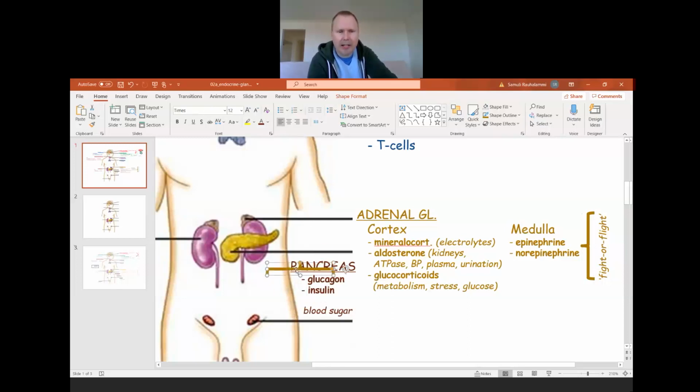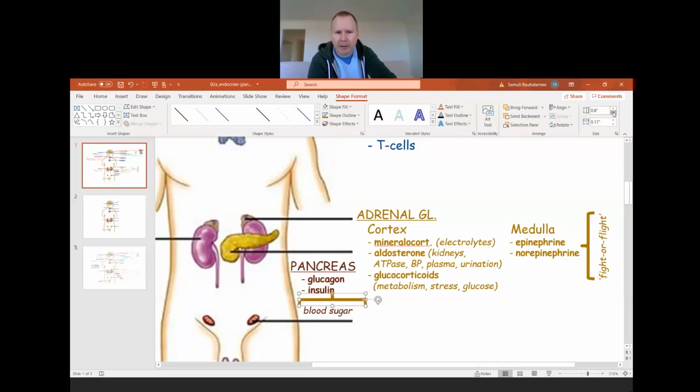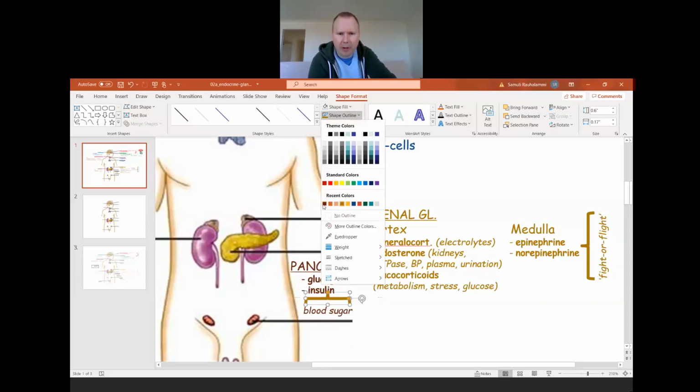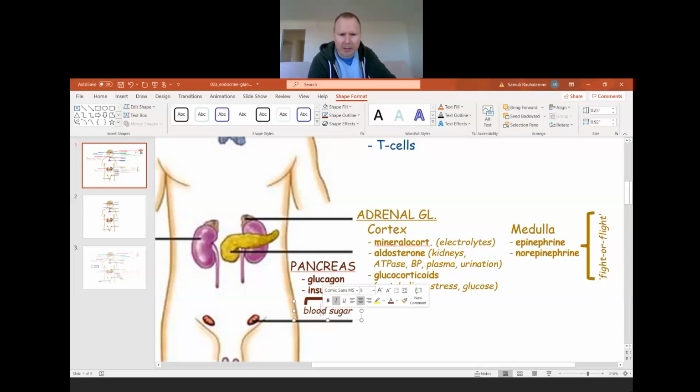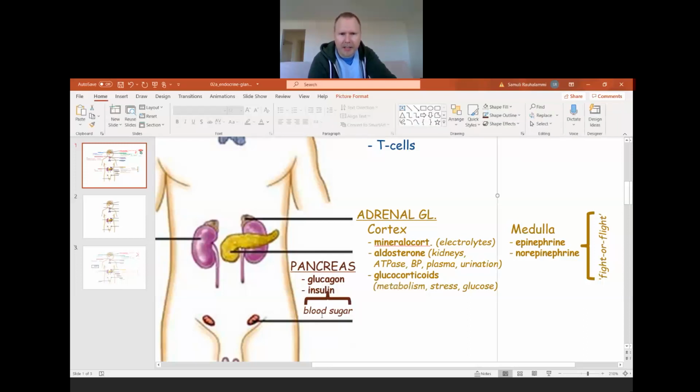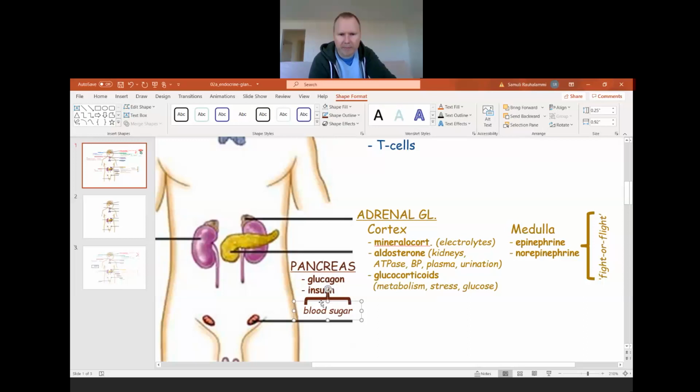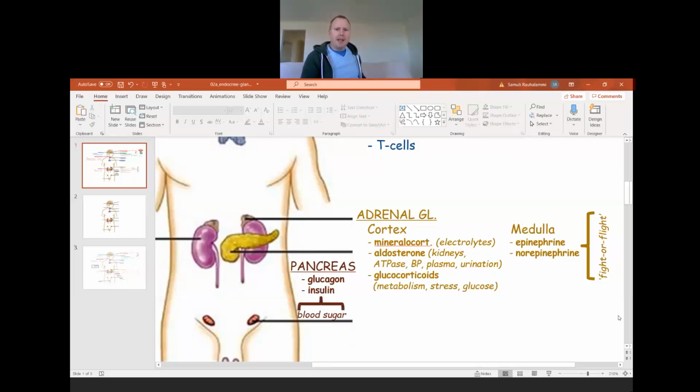So that's the endocrine function of the pancreas. So the hormonal function that we're going to be interested in: maintaining the right amount of the blood sugar through these two hormones. So that's going to be our pancreas.